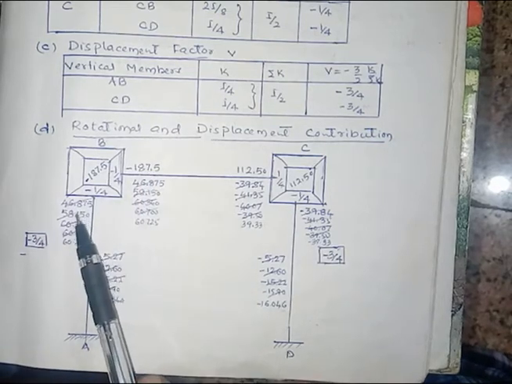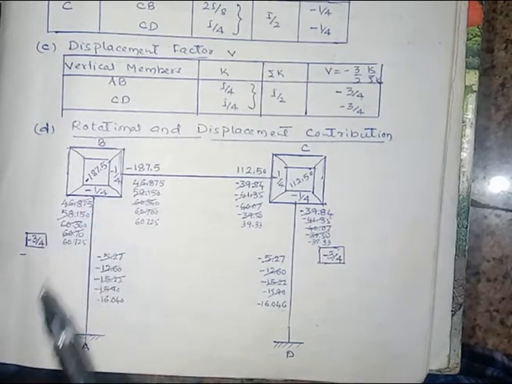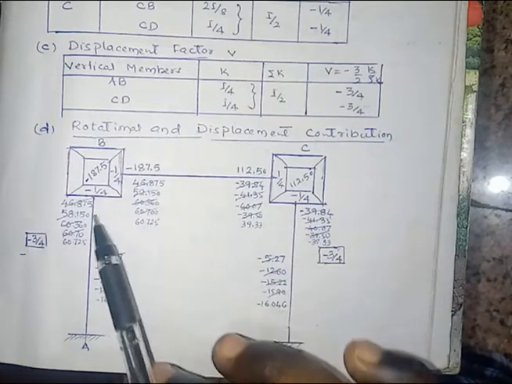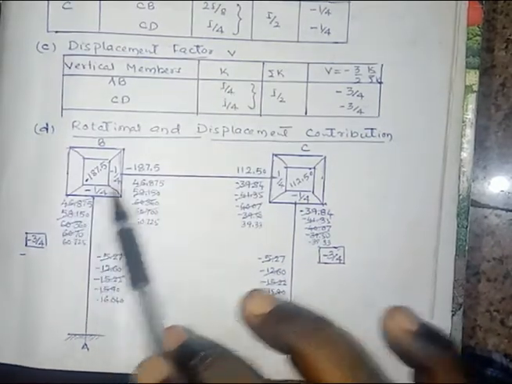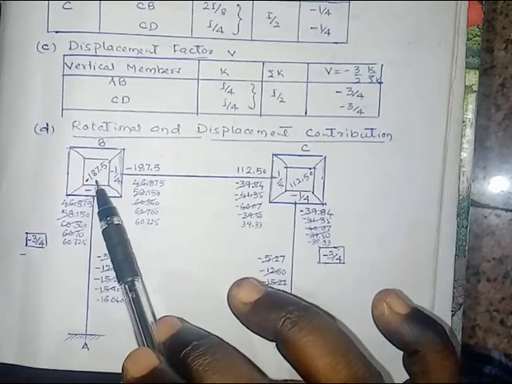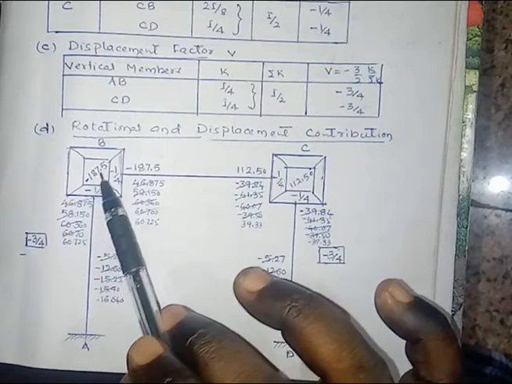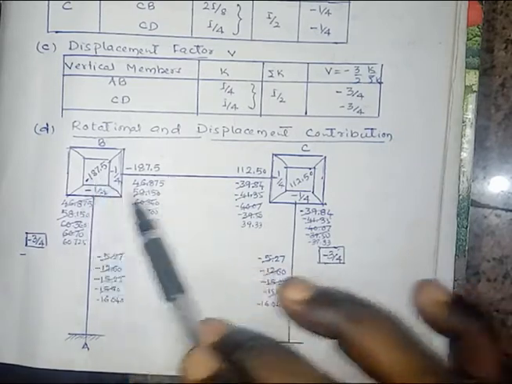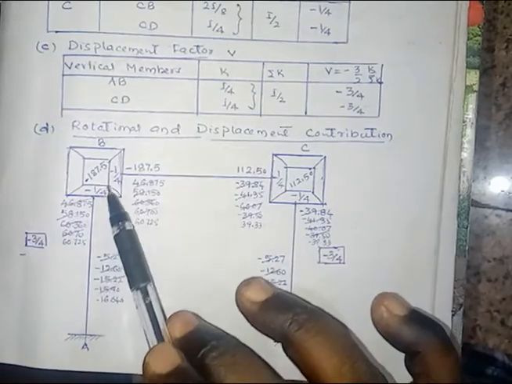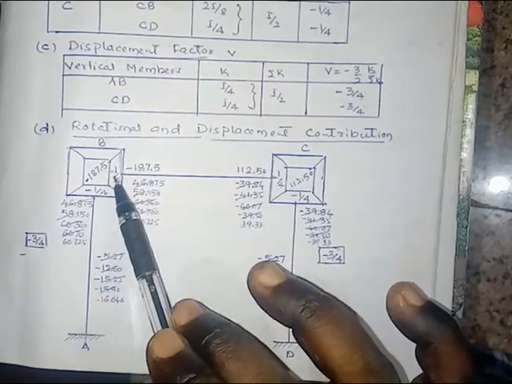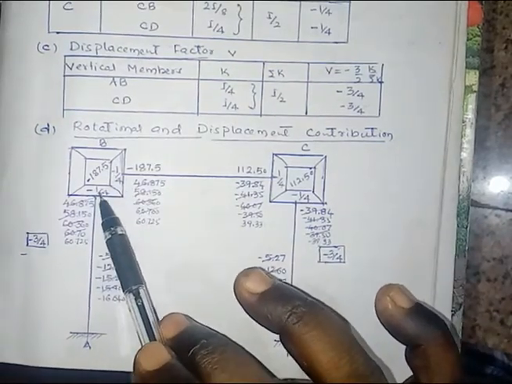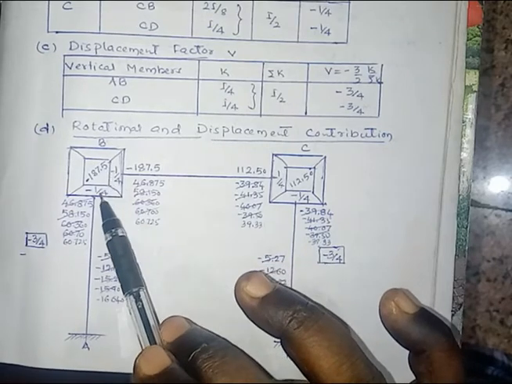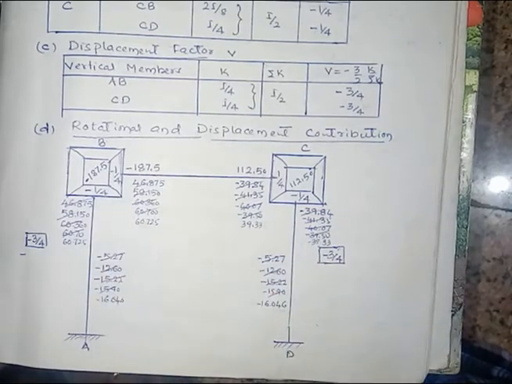The fixed end moment for the vertical member is 0. Then the summation of the fixed end moments at this joint is minus 187.5, which we write here inside the inner rectangle. The rotational factors for BA and BC are minus 1 by 4 and minus 1 by 4 respectively.